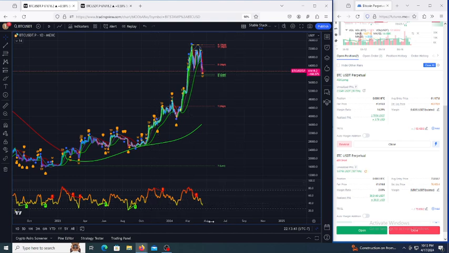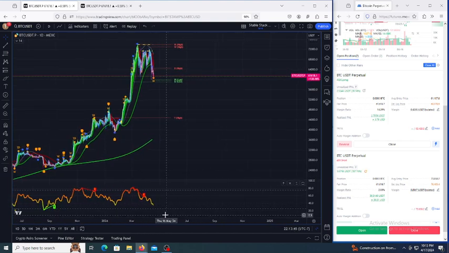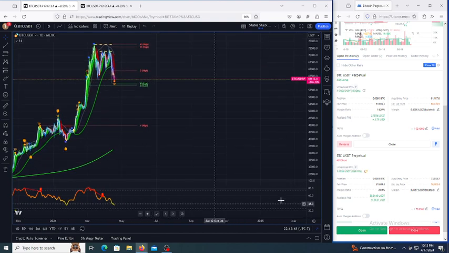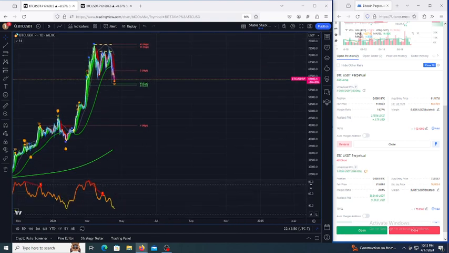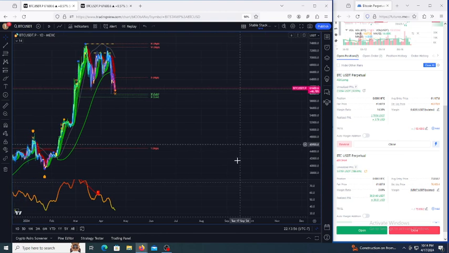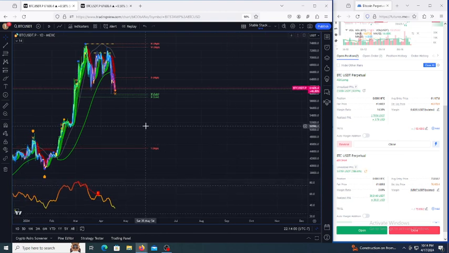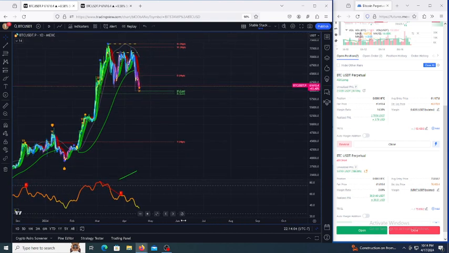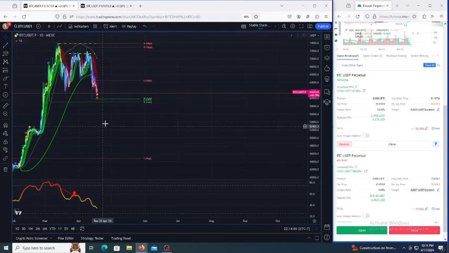I see a lot of people with their chart like this. They'll have it real stretched out, and then real high like this. Maybe it's real stretched out, but you can't really see anything like that.